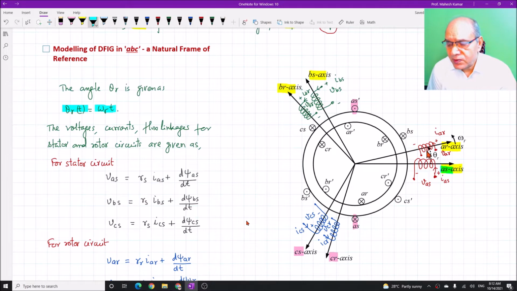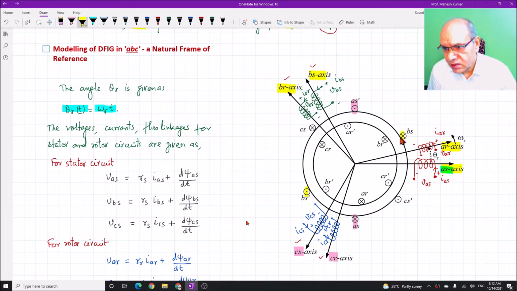So this concept is extended for the B phase, as you can see here, and then you have the C phase. The corresponding windings are shown in this figure as well. For example, this is the B. So this is AS, this is AS dash, and here it is BS dash.